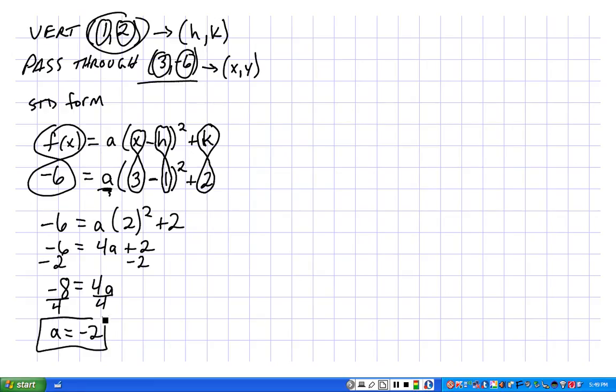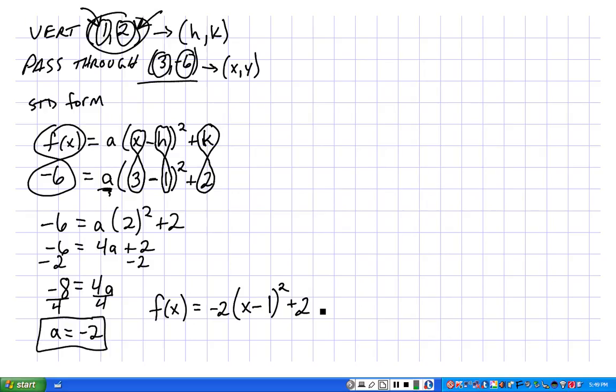So now that we have a, we can write our equation in standard form. Our equation is going to be f(x) = a(x - h)^2 + k, where our h is 1 from our vertex, squared, plus our k, which is 2.